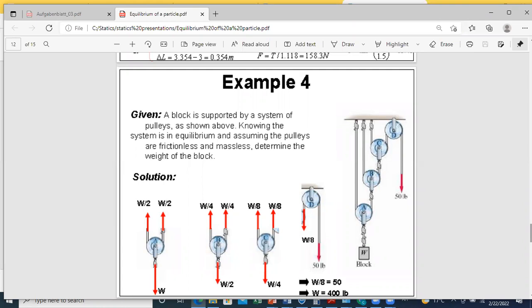And the question here is to determine, if we have equilibrium conditions, what will be the weight of the block? And this example is to explain what is the purpose of a pulley system? A pulley system will allow you, with a small force, to hold a much larger weight.